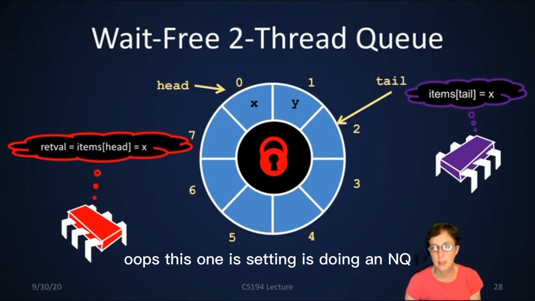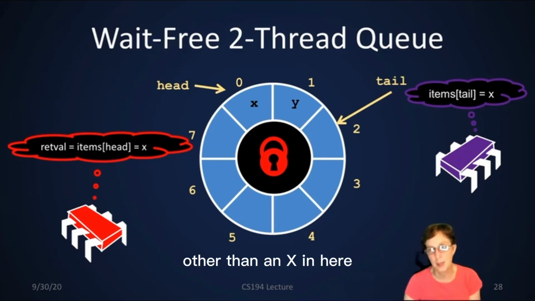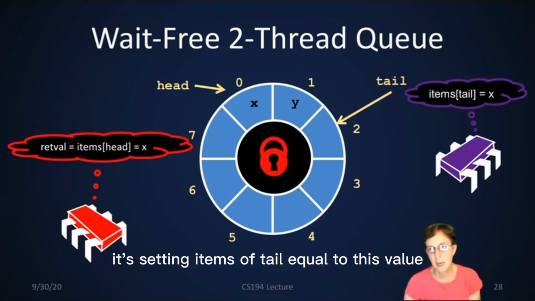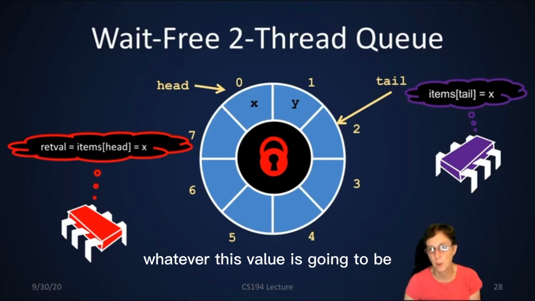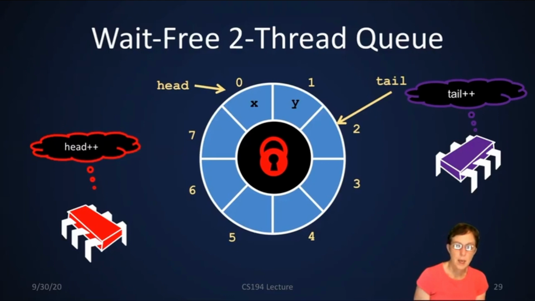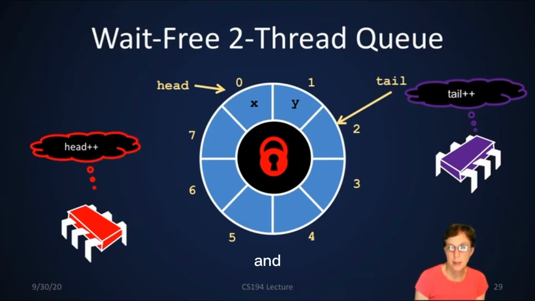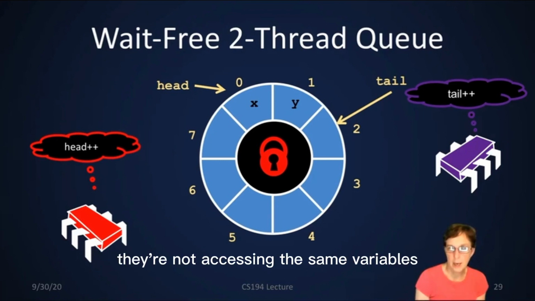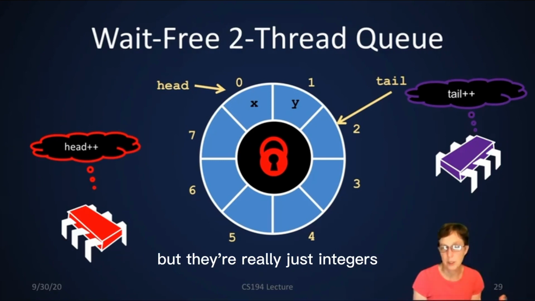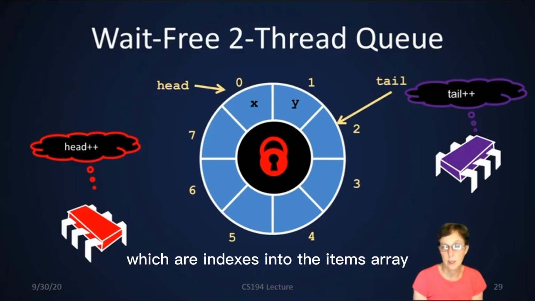Whoops, this one is doing an NQ, so it's putting something probably other than an X in here, but it's setting items of tail equal to this value, whatever this value is going to be. And then we increment both the head and the tail pointers, though they're not accessing the same variables, and I call them pointers, but they're really just integers, which are indexes into the items array.